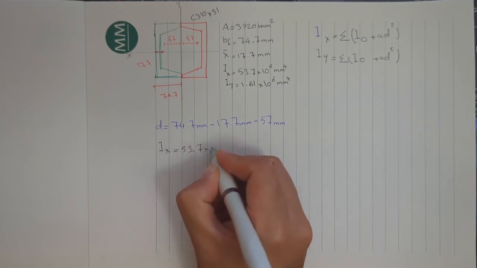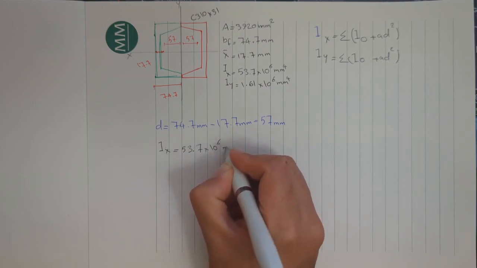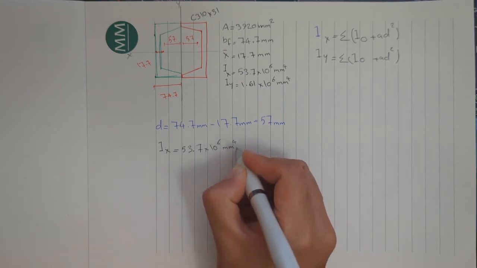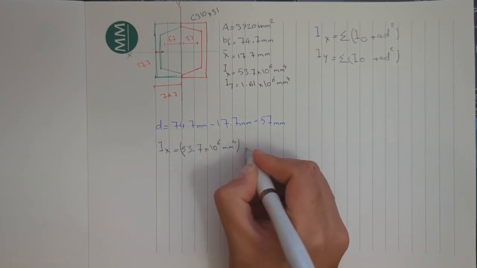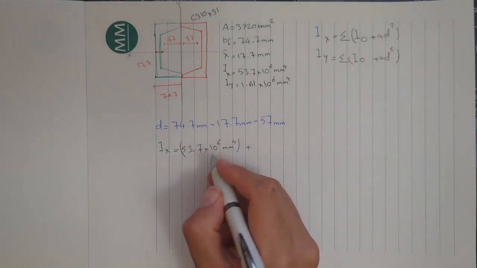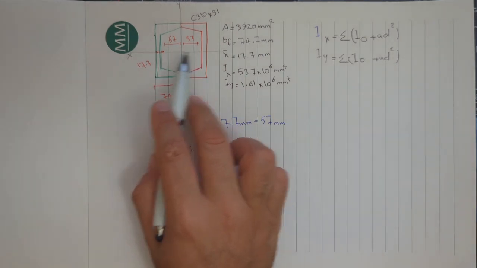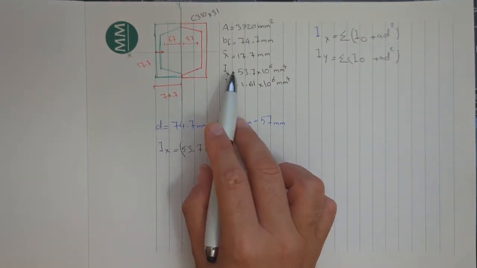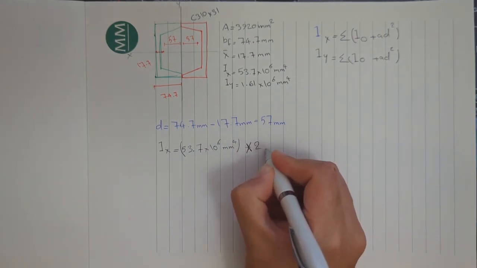53.7 times 10 to the 6 millimeter to the 4, plus the same again, because both have the same Ix, right? So we multiply it by 2.